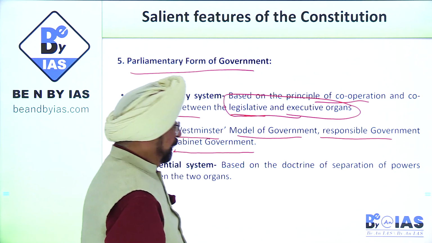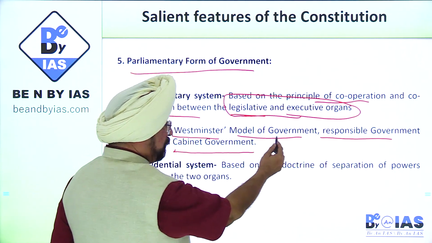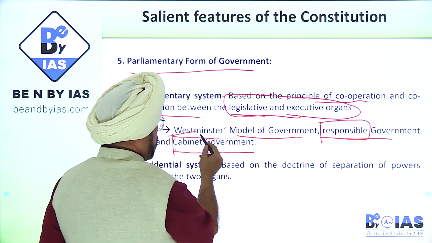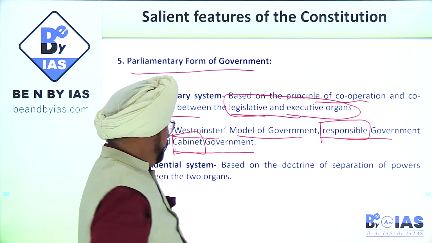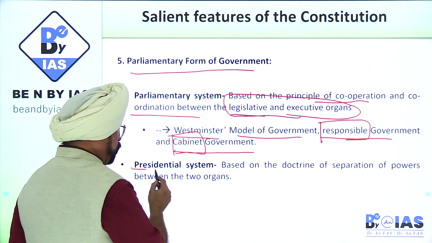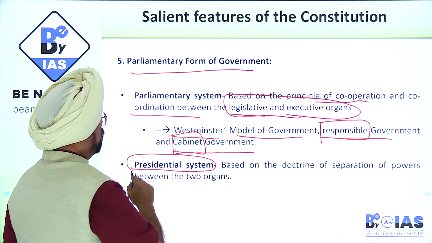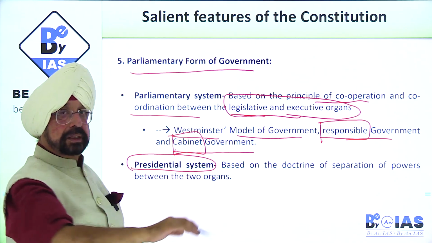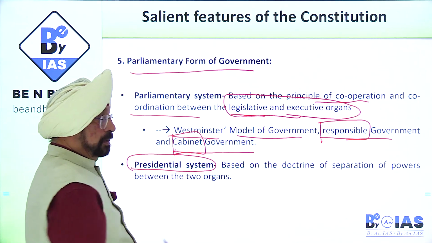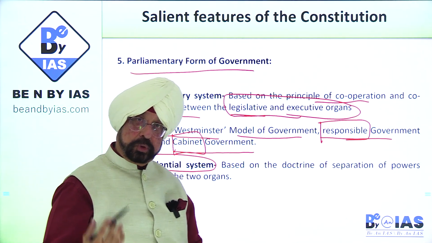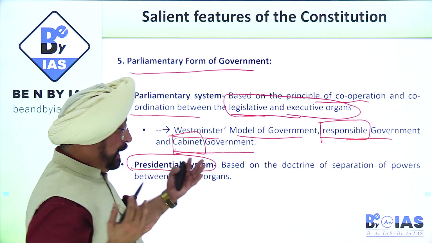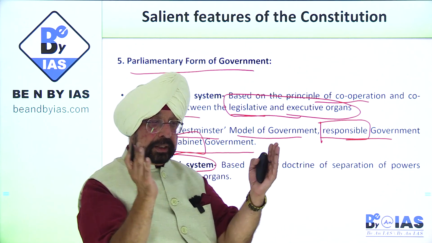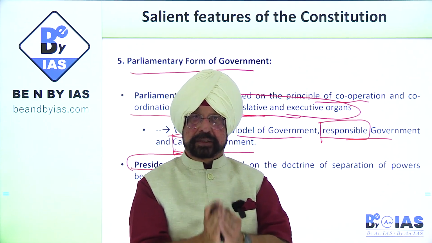So that is why we have a model of government which is both responsible and cabinet form of government. When we compare it with the parliamentary system, we should know the other system also, that is the presidential system in the USA, where both the legislative and the executive organs are joined in one authority, that is the president.